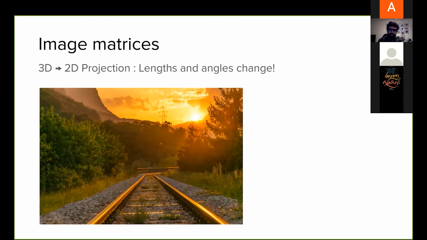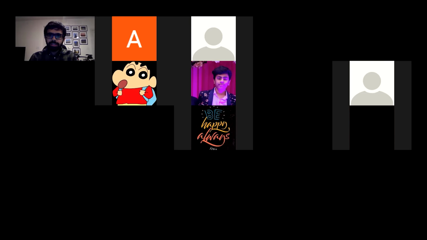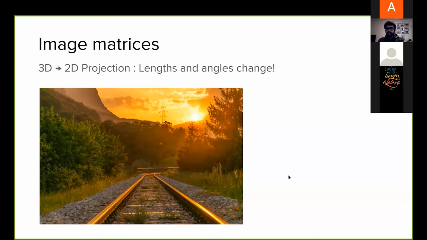Now there are some things that change when we capture an image, right? So for example, if you see a rail track, what happens is, oops, I stopped sharing accidentally. You can see again, right? So a rail track is parallel, right? But in an image, if you see, these are intersecting, right?